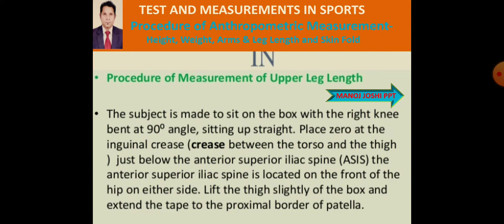The anterior superior iliac spine is located on the front of the hip, on either side. Lift the thigh slightly off the box and extend the tape to the proximal border of the patella, that is the knee. The patella is over the knee.